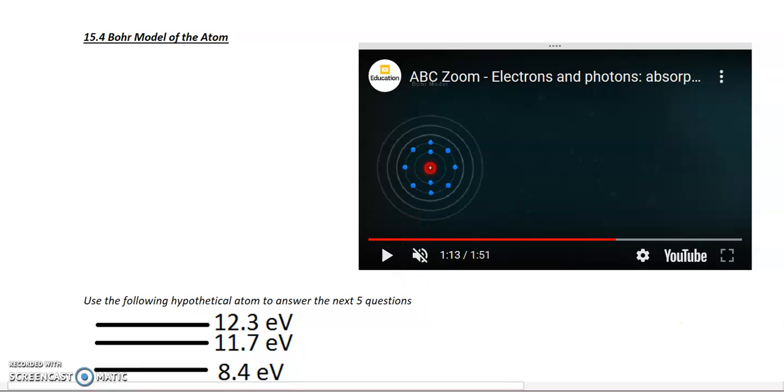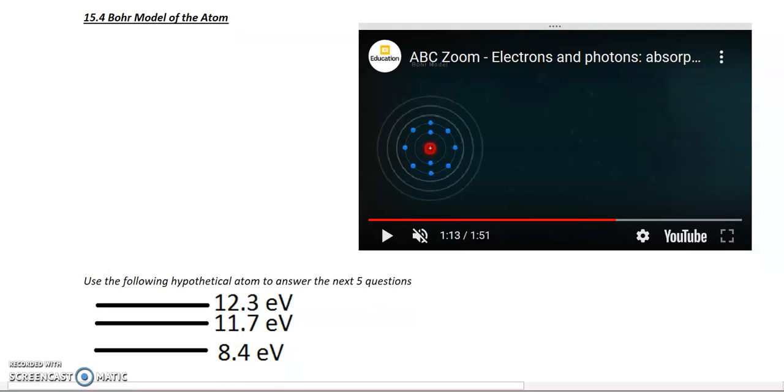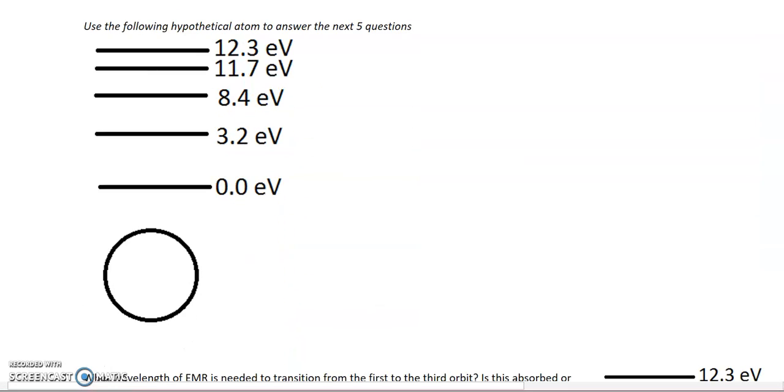So as we take a look at the energy running through the Bohr model, it's helpful for us to have a reference point. Now, this diagram here shows the reference point as being what we call n equals 1, or the ground state. Now, most often we don't actually see the ground state as being energy level 0. We usually go with a free electron as being 0 electron volts.